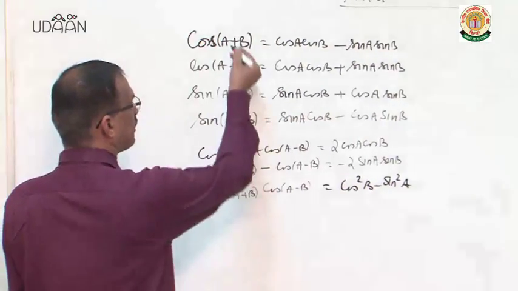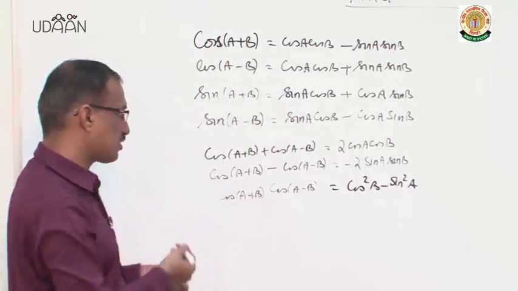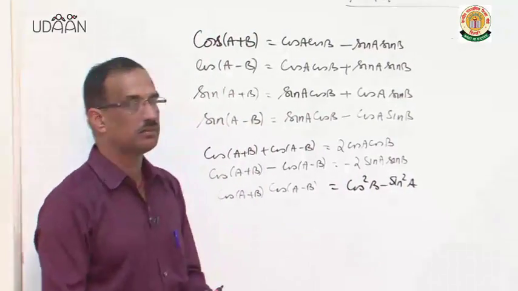Now, these are the addition, subtraction and multiplication of the cosine formulas.